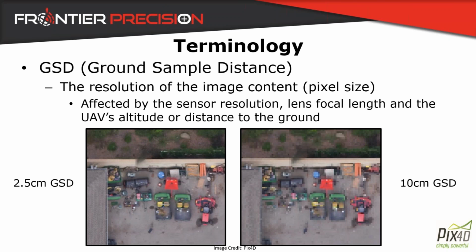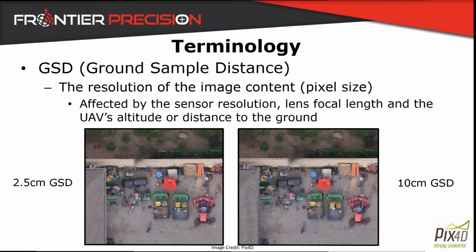The image on the left has a ground sample distance of 2.5 centimeters, and the image on the right has a ground sample distance of 10 centimeters. So you can see there's a rather large difference between the two images in terms of their resolution. Obviously, the image on the left, when we run it through and process it in our software, is going to produce far better results than what we see on the right-hand side.